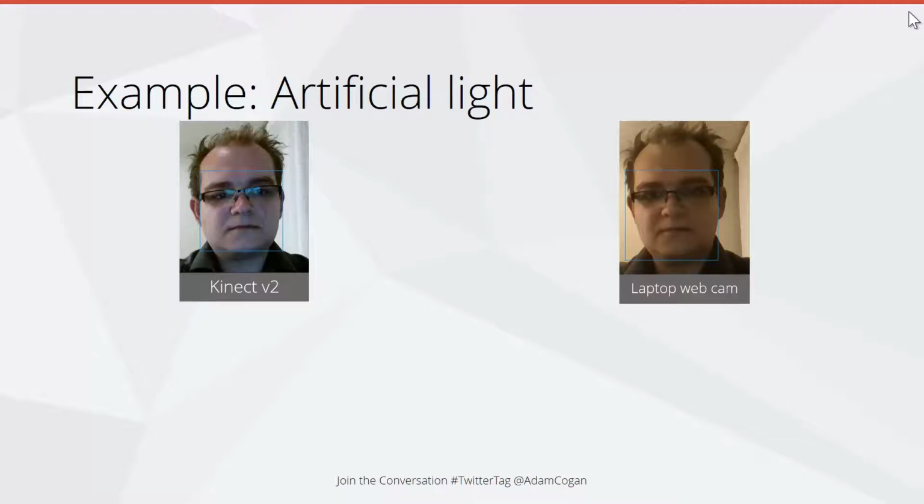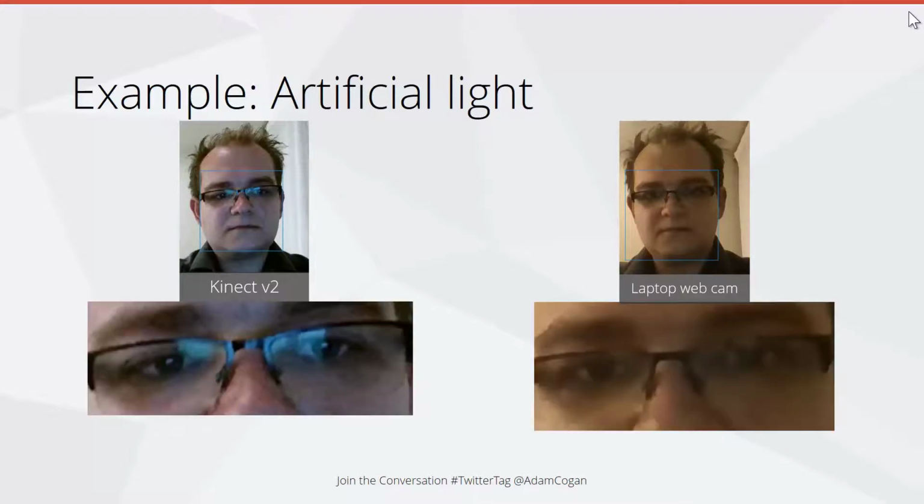It's a less lit room than here. And to show you a close-up, here you can see my eyes and my glasses just normally. And here, the frame of my glasses almost blends into my eyes. And that's a problem for face detection and face recognition algorithms. And you don't want that in your cameras.